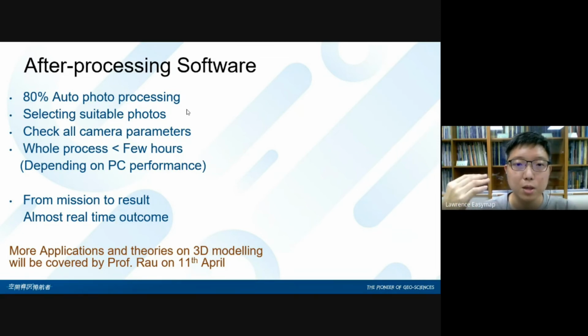Particularly during the takeoff and landing phase, we will just erase them. We also remove some pictures where the image is blurred or covered by clouds, and then we input the remaining pictures into the software.